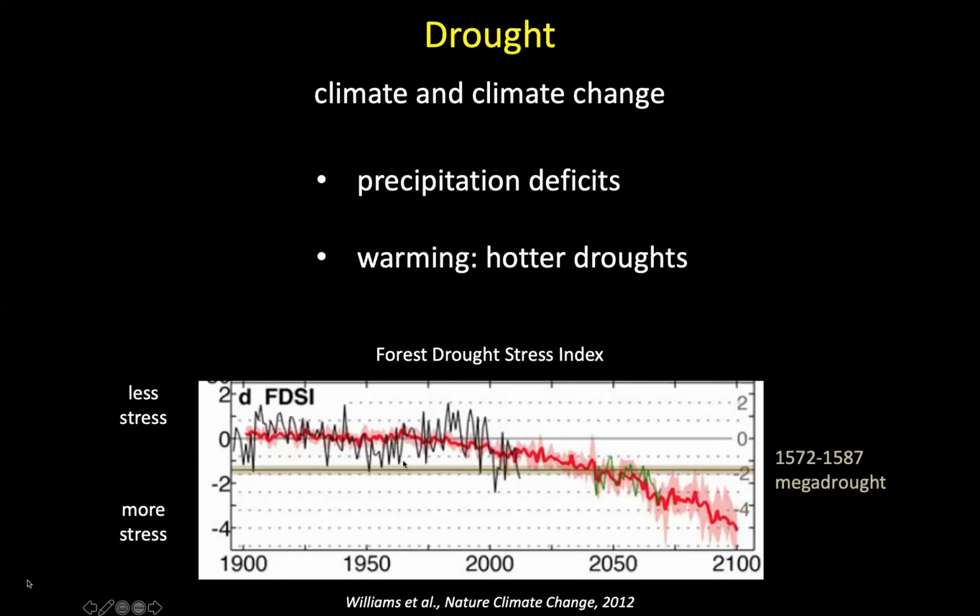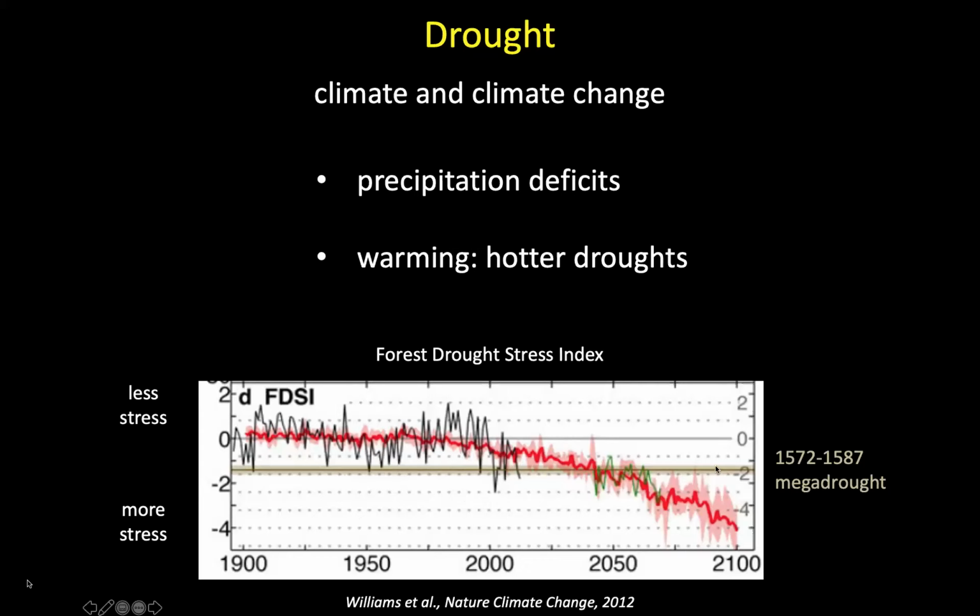The black line are observations. You can see the early 2000s drought as being a very low value for FDSI in the Southwest. And projections of FDSI based on climate projections indicate that by 2050 or so, the average conditions in terms of FDSI will look like those of the 2000s drought.